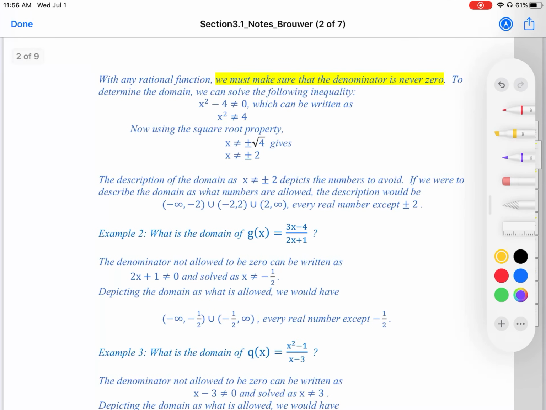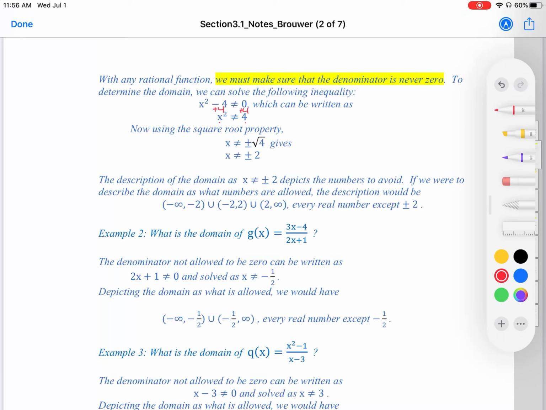With any rational function, we must make sure that the denominator is never 0. To determine the domain, we can solve the inequality. So we can set it equal to 0, or maybe even not 0, and we find what makes it true. So we go ahead and add 4 to both sides, and we get x squared does not equal 4.